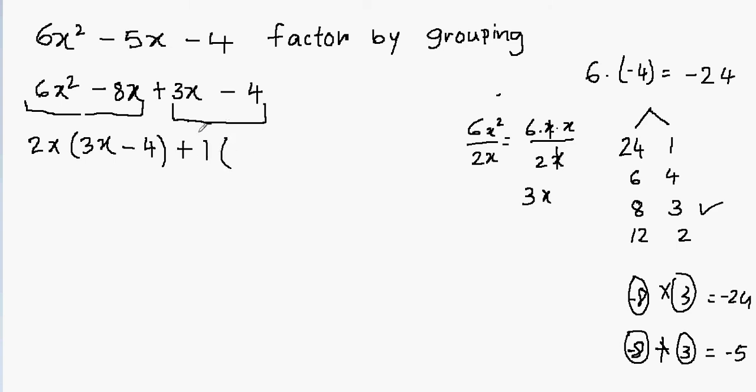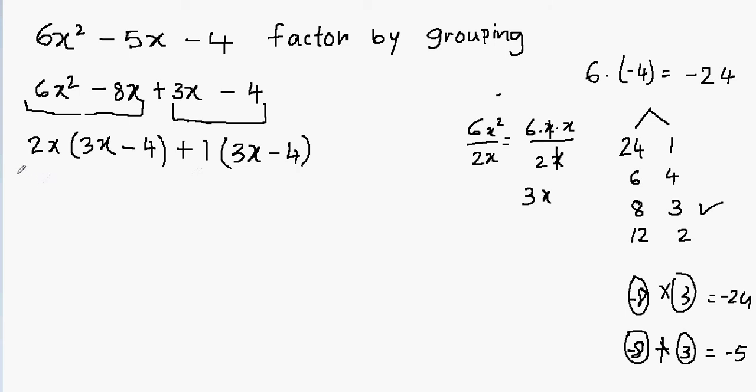So inside I will have 3x divided by 1, which gives me 3x, and then the negative sign, and 4 divided by 1 is 4. So you have to remember, if they don't share anything in common, then you have to take out plus 1 or negative 1 as the GCF.